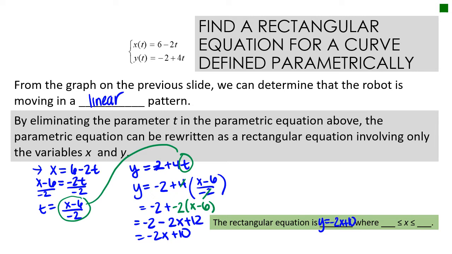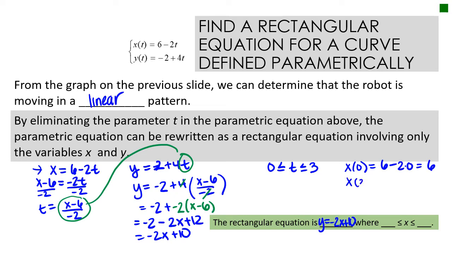Now the hard part is figuring out what your domain is. If you look back, our t's went from 0 to 3. To figure out the domain for x's, figure out what x of 0 is, and that's going to be the smallest, or could be. 6 minus 2 times 0 gives us 6.